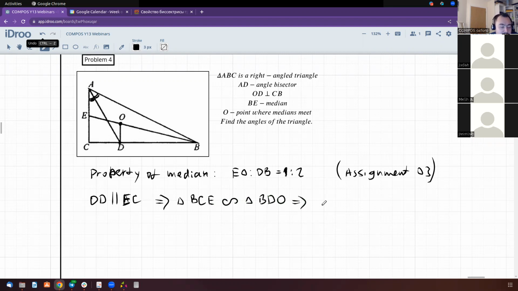Therefore, the ratio of EO to OB is the same as CD to DB.